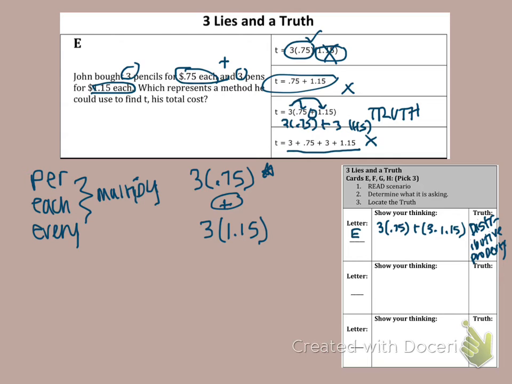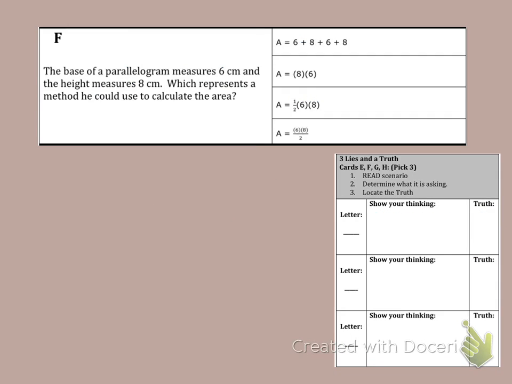Okay. So let's go to the next one. F. The base of a parallelogram measures 6 and the height measures 8, which represents a method you could use to calculate the area.